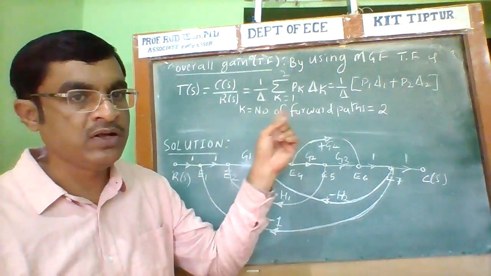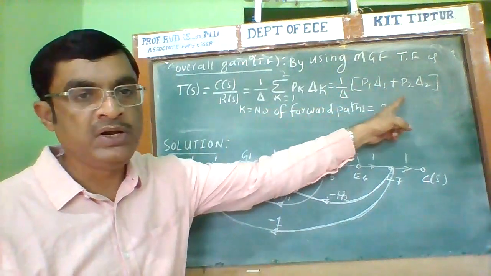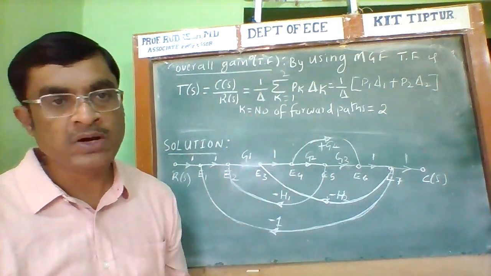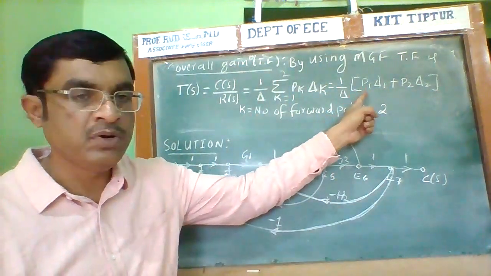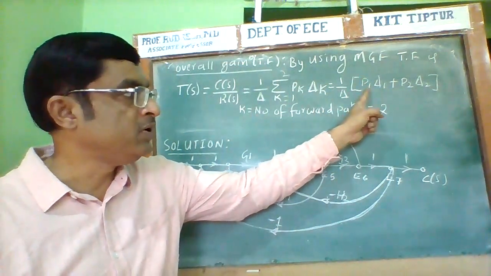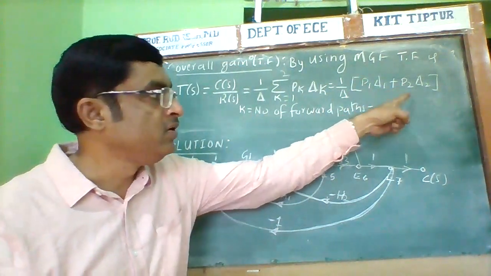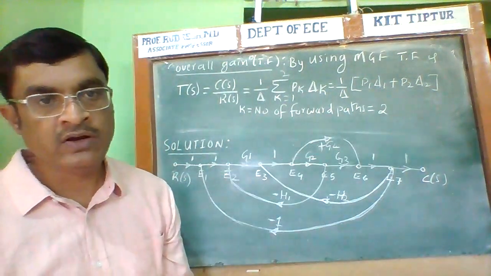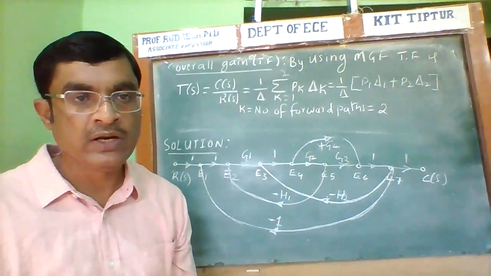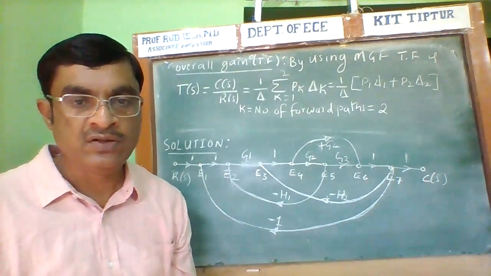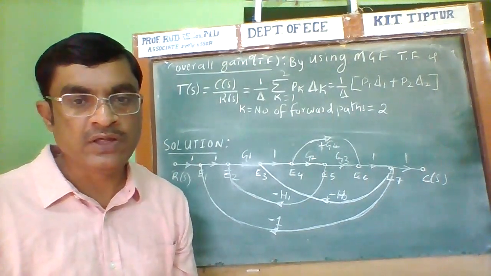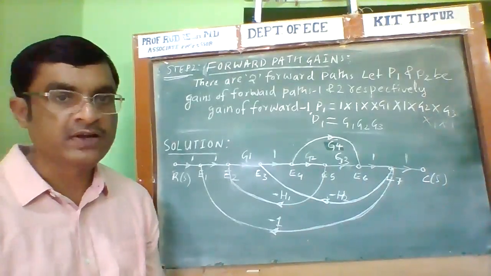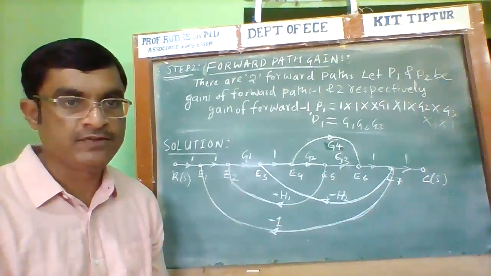In order to calculate, P1 and P2 are nothing but the forward path gains. There are two forward paths. The first forward path gain is called P1, and the second forward path gain is called P2. In the next step, we go for calculating the forward path gains.